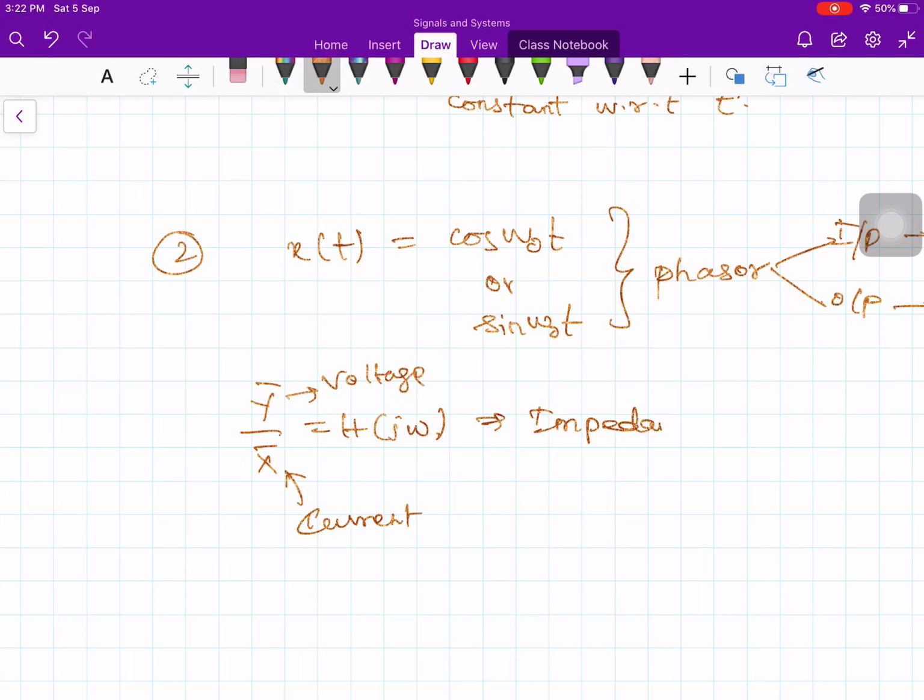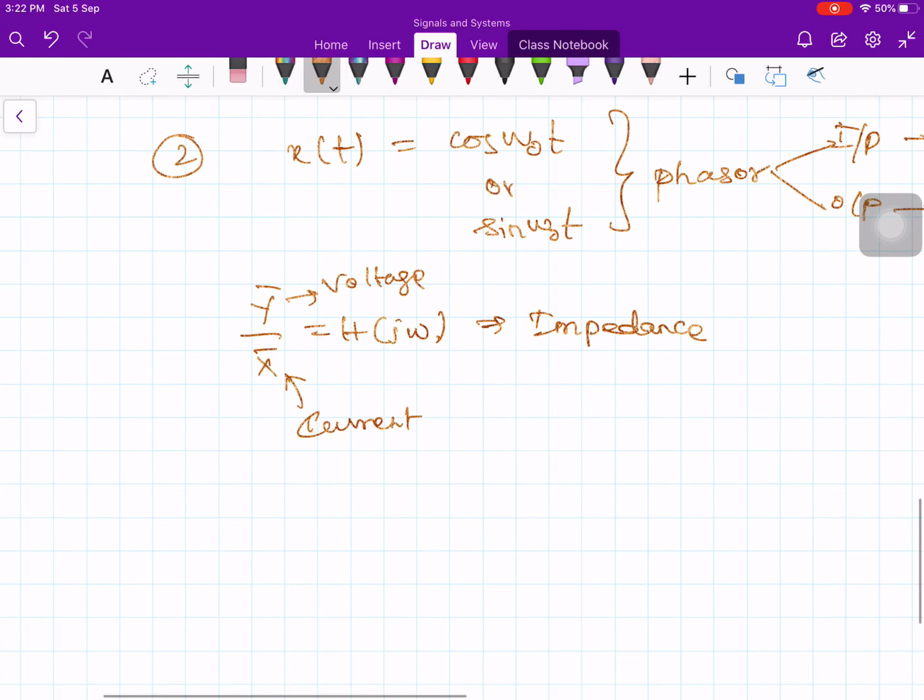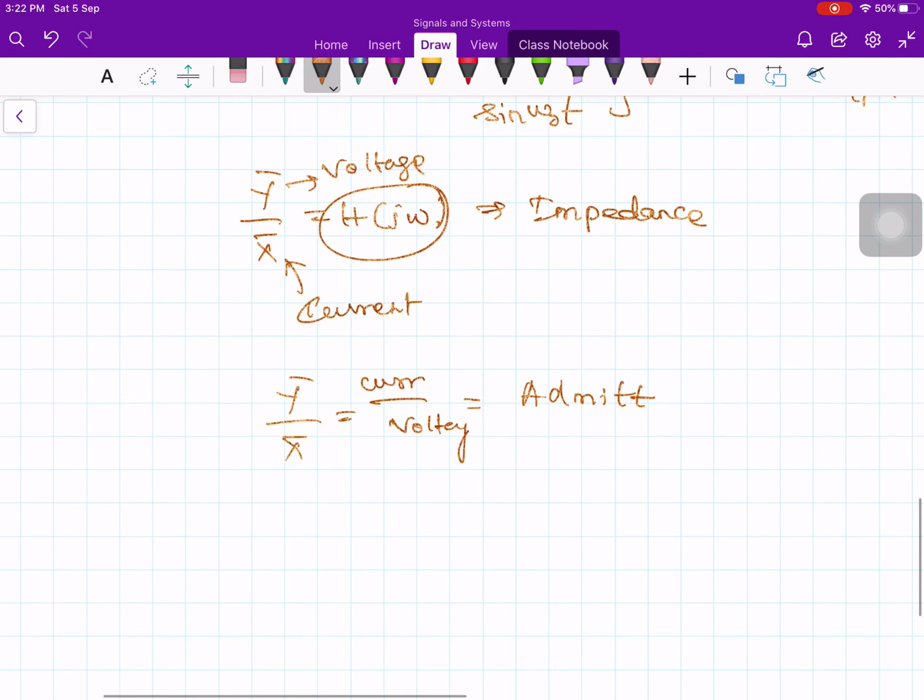In case y bar by x bar has numerator current and denominator voltage, then it is admittance. So under steady state the output is sinusoid and the input is sinusoid, and their phasors are related by this h of j omega. That is your second implication.